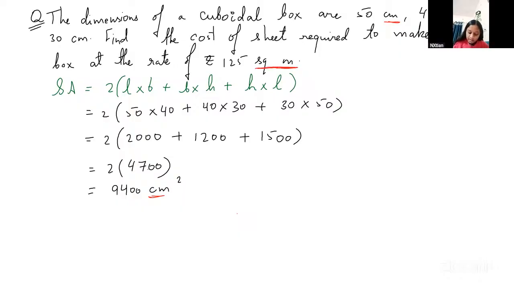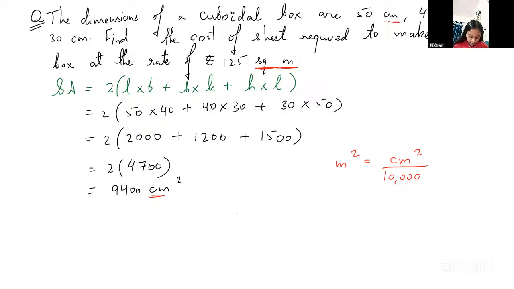So to convert, centimeter square is divided by 10,000. I'm writing it here: meter square is equal to centimeter square divided by 10,000.